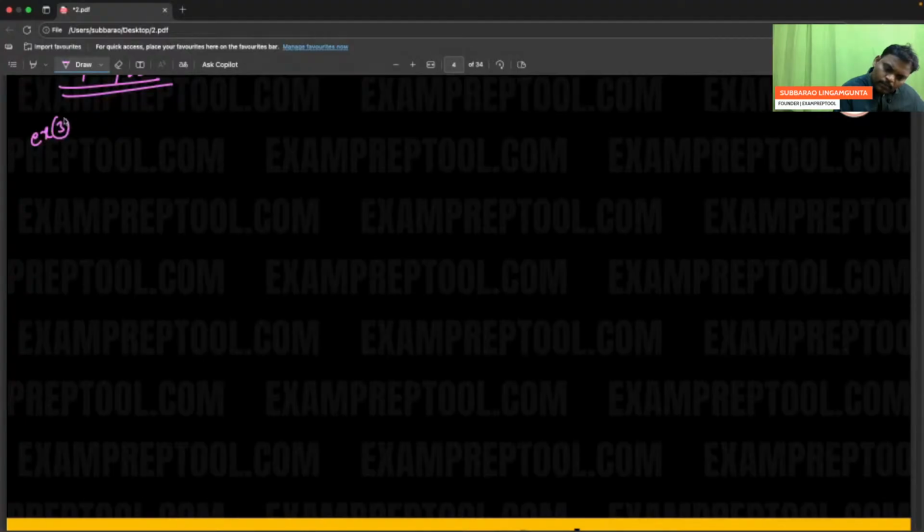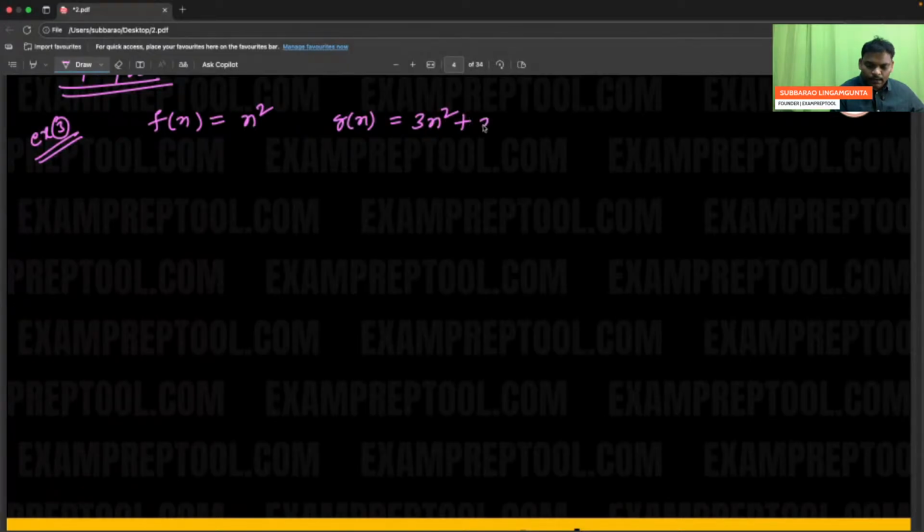Example 3: f of n is equal to n square, g of n is equal to 3n square plus n plus 10. That is the f of n and g of n.